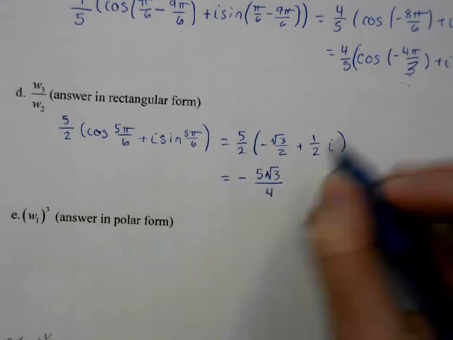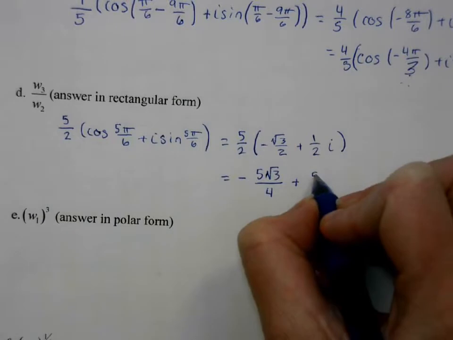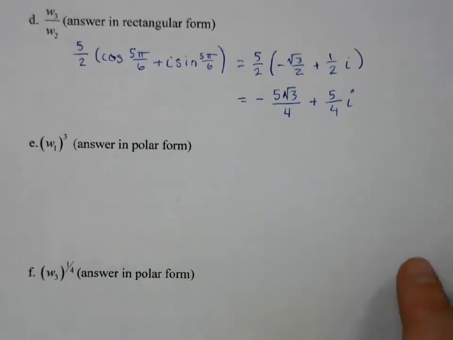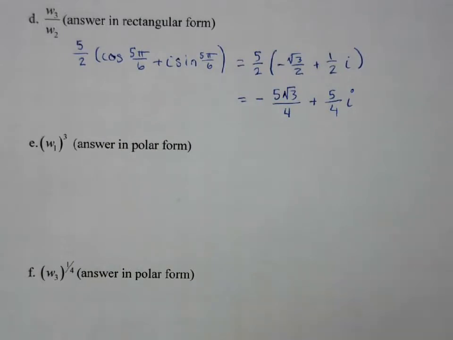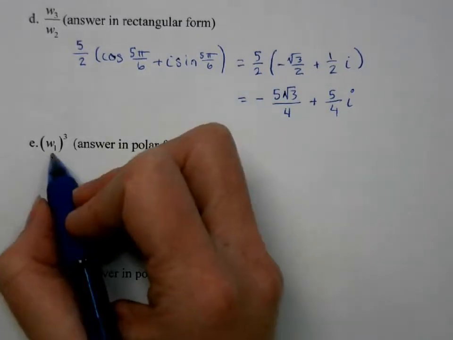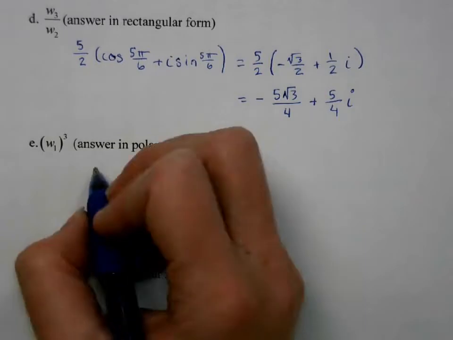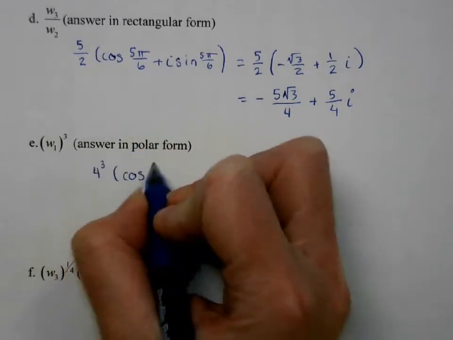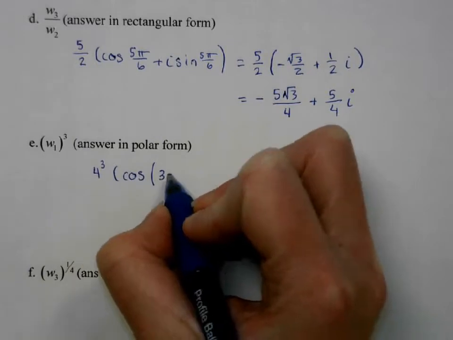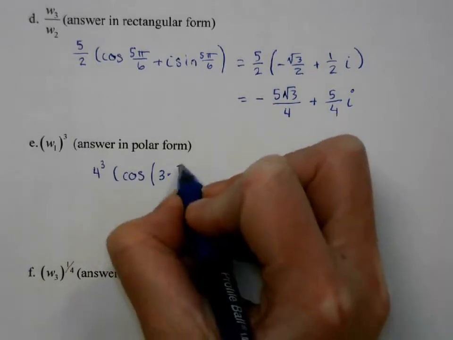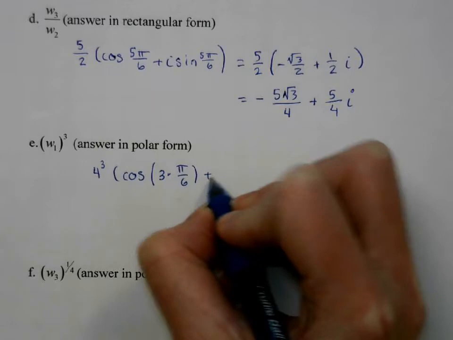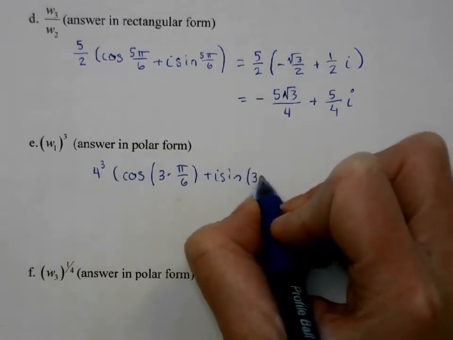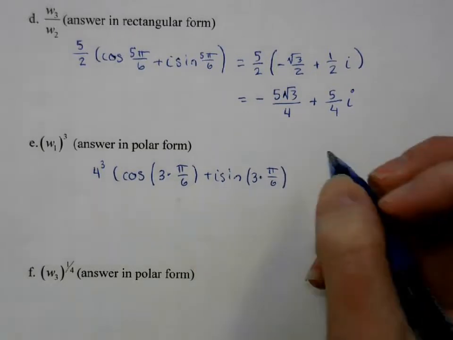And then lastly, powers. When we do powers, we take the r and raise it to the power. So we're doing W1 to the third. So we have 4 to the third. Cosine, we're going to multiply the angle by 3. So this is 4 cubed is 64.